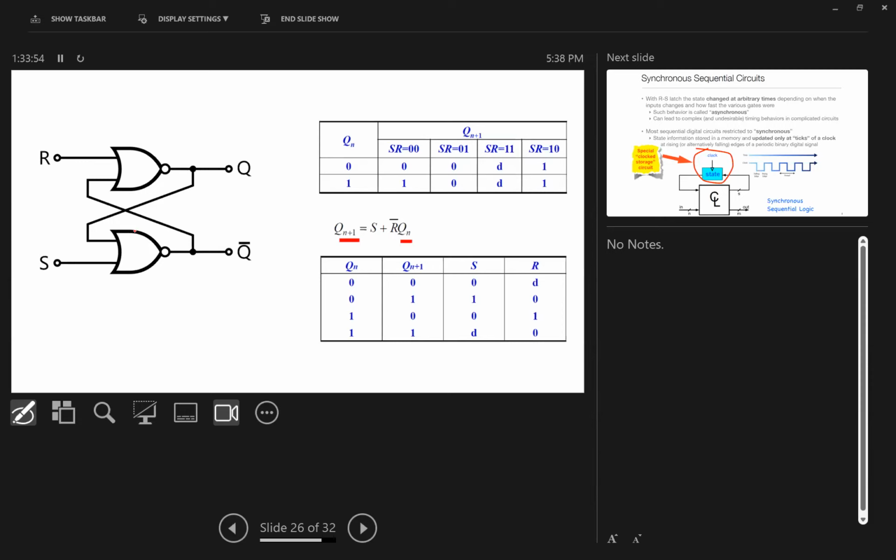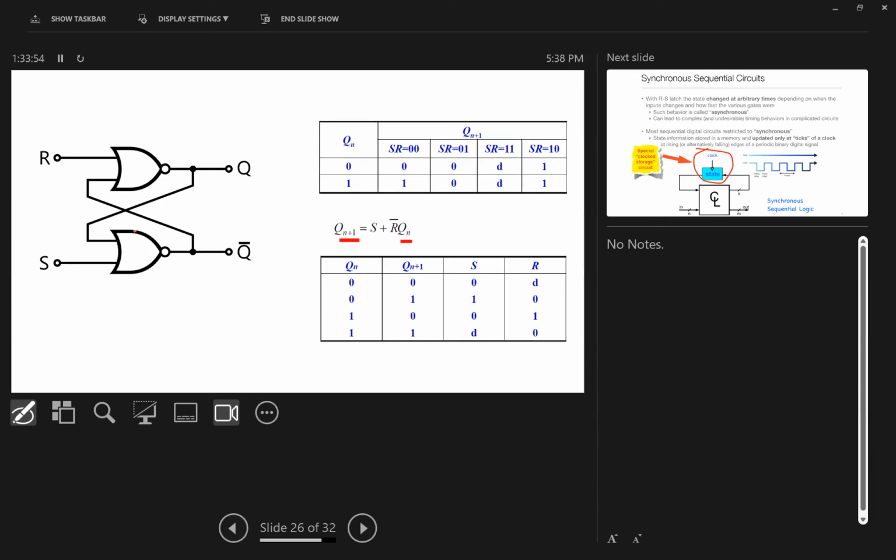And when R and S are both 0, it means that we will maintain the previous value, right? When S is equal to 0 and R is equal to 0, Qn plus 1 is equal to Qn. It just maintains the value of Qn.